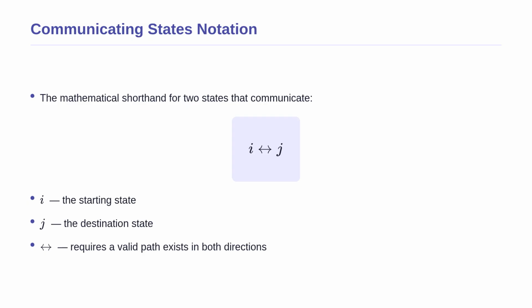It requires that a valid path exists from i to j, and it simultaneously requires that a return path exists from j back to i. If either path is missing or has a probability of 0, we cannot use this symbol. When you see this double arrow, it guarantees a two-way interactive loop.